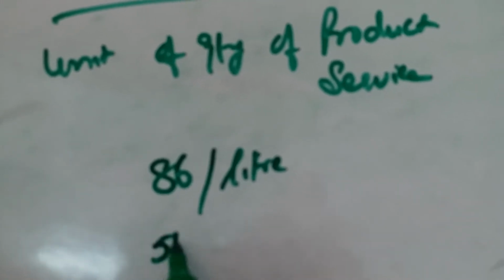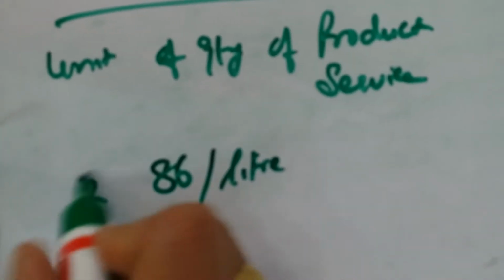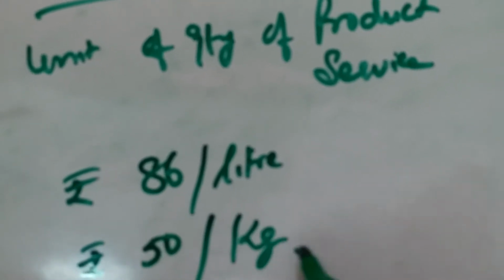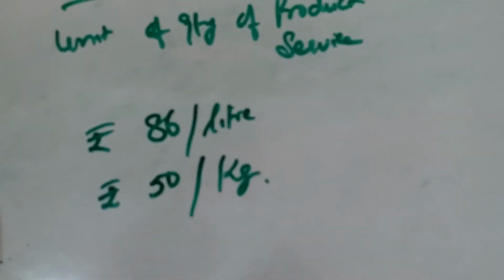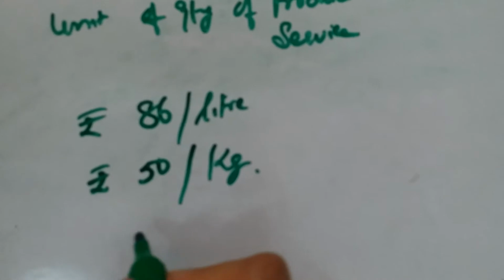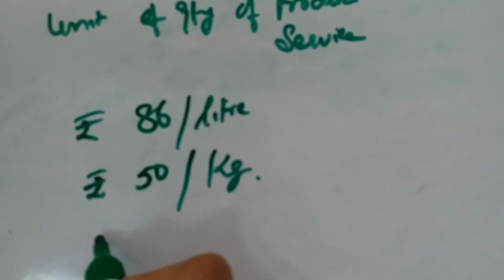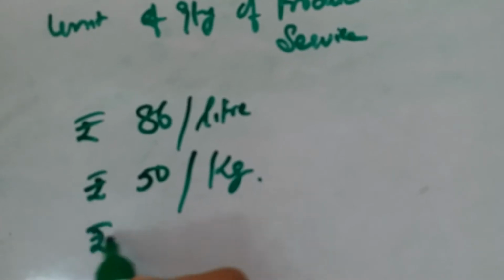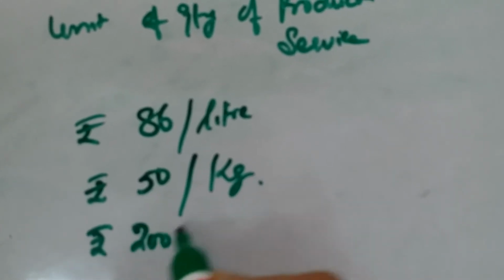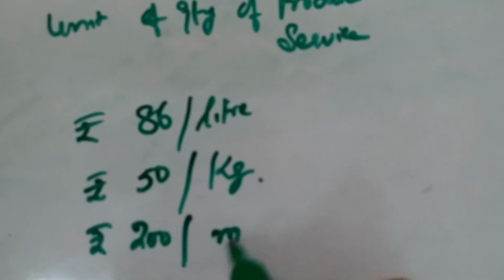Let's say they say rupees 50 per kg. Or when I go to purchase, let's say, a piece of cloth, then what is the rate? They say rupees 200 per meter.